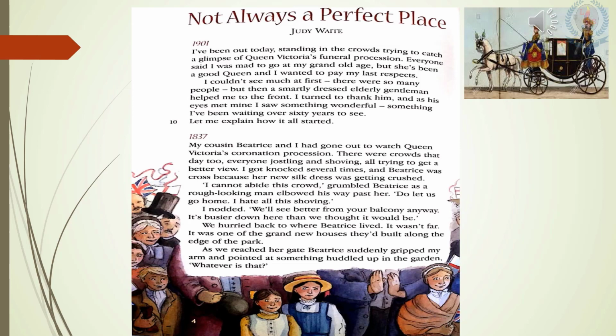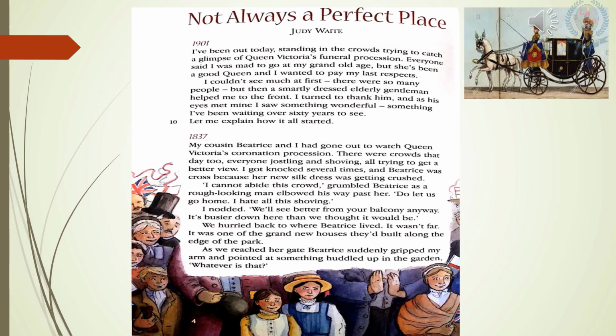Children, this is a historical story. We know that there are 4 characters: Olivia, Beatrix, Mr. Soames, and the boy. Olivia was the main character of the story. She was the storyteller. Through this story, she was recalling her past.